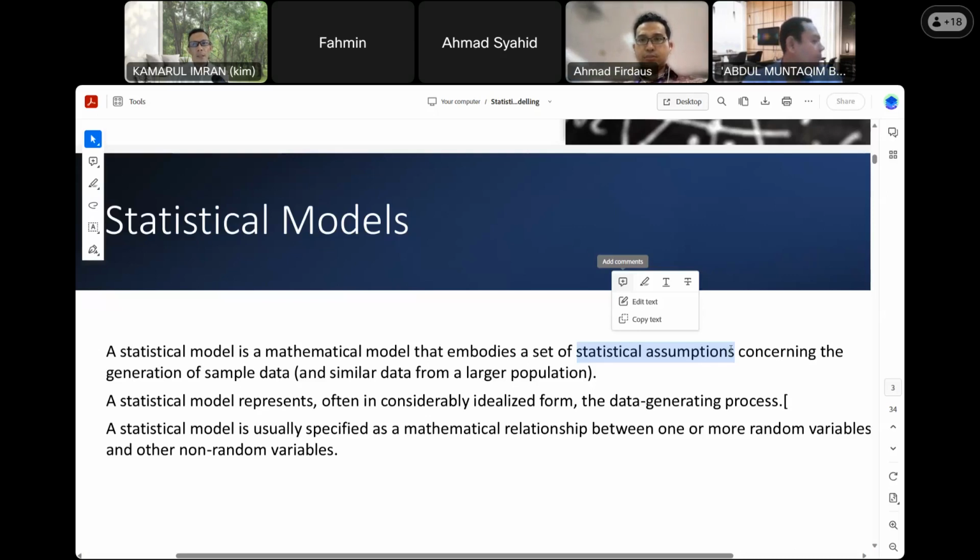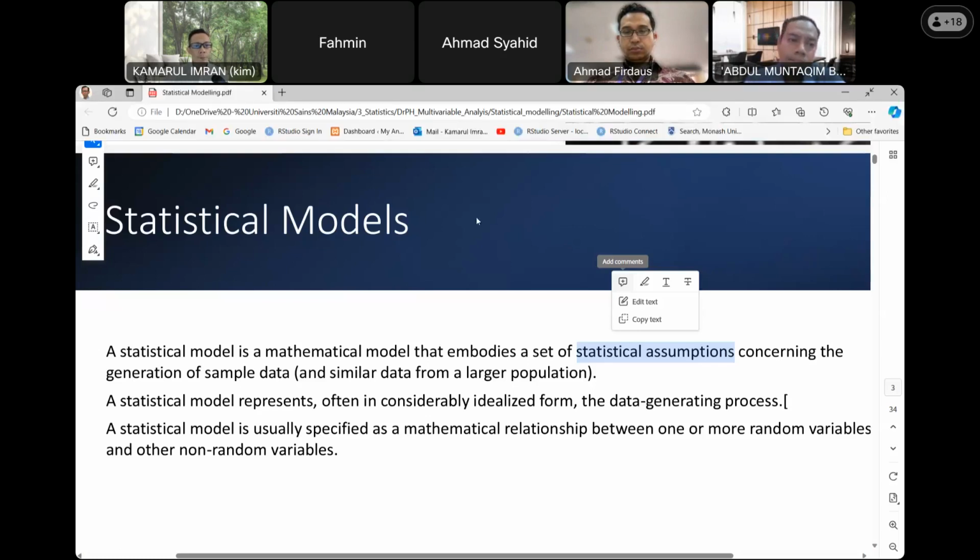So when someone challenges you, you have to be able to defend it and say that these are my assumptions. It might be wrong, it might be correct, but based on my literature review, these are the valid assumptions for my analysis. Right.